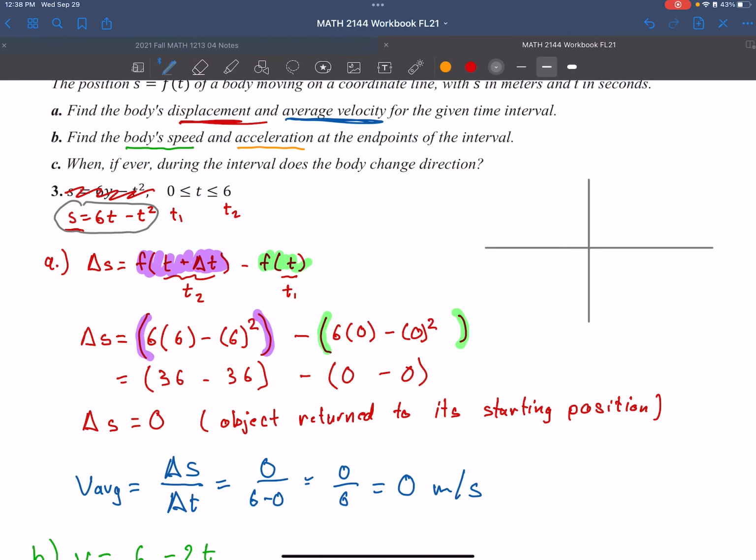So right here at 0 and right here at 6 are going to be your t-intercepts. Realize that this 6t minus t squared is a quadratic function opening down.